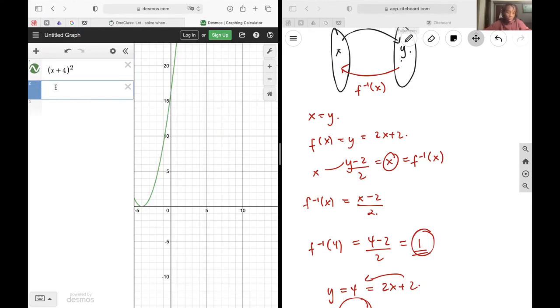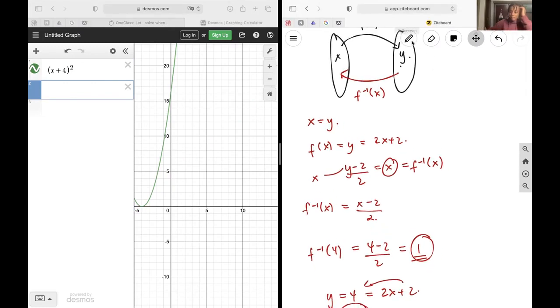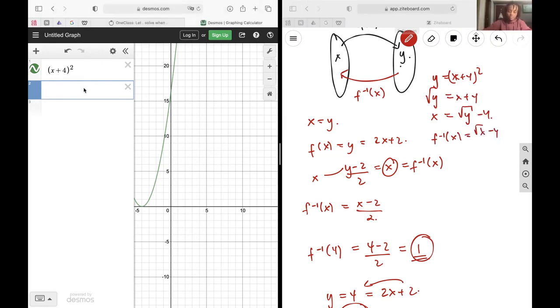Now when I go about finding the inverse really quickly, if I have y is equal to x plus 4 squared, root y is equal to x plus 4, x is equal to root y minus 4. So f minus 1 of x is equal to root x minus 4. Let's go ahead and just put that in: x to the power of 0.5 minus 4.